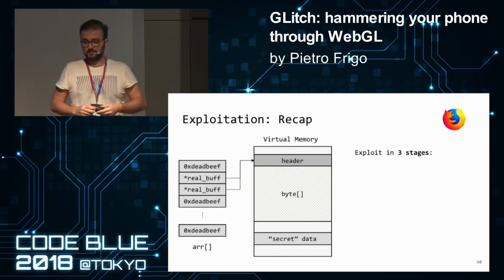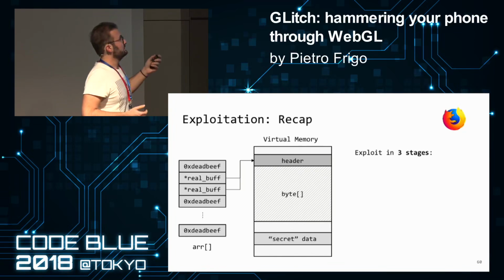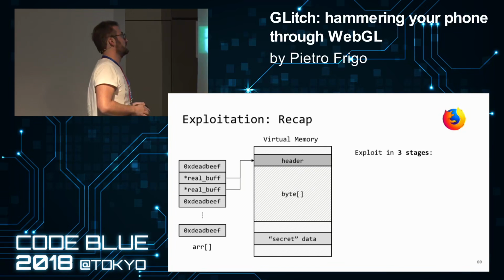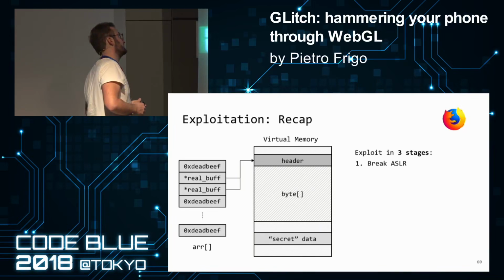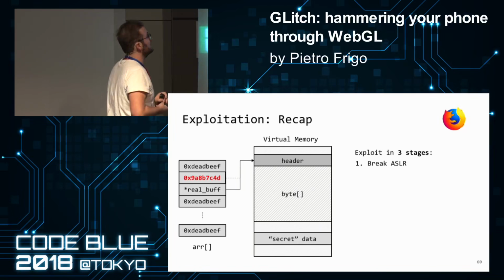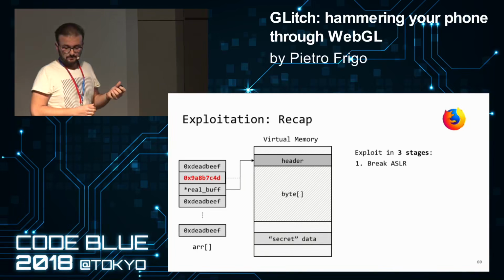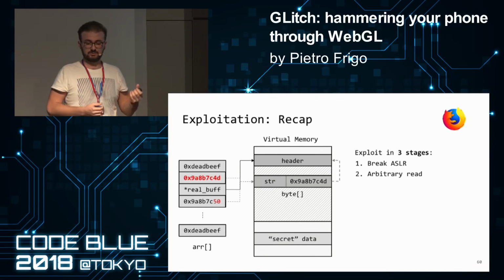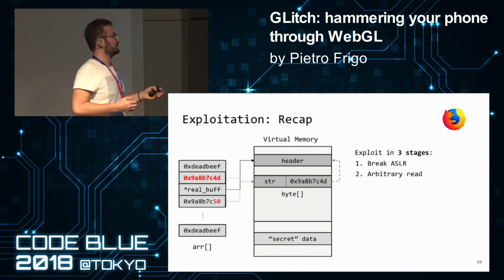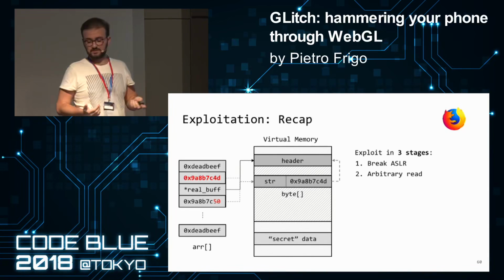So a quick recap of how this works. You have your array with the reference to the real array buffer. And you first break ASLR by triggering a bit flip in the pointer to the array buffer. Once you break ASLR, you can get your arbitrary read. So you just write your double. You create a custom double that with a bit flip will point to your fake string.